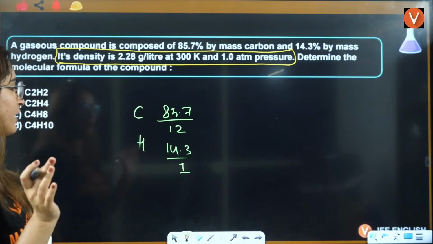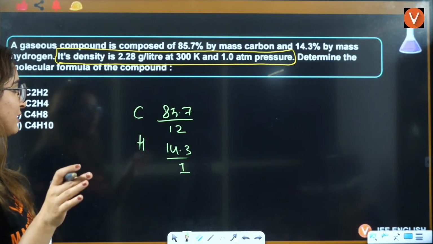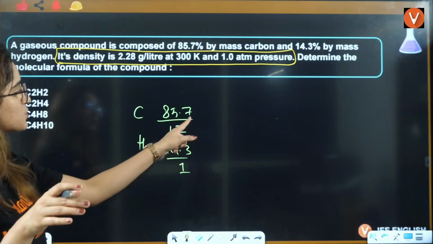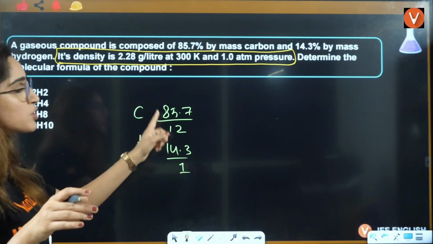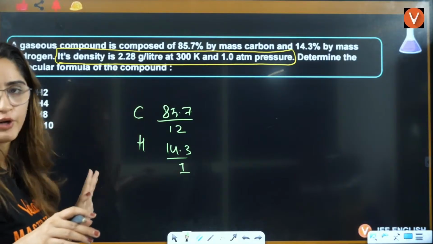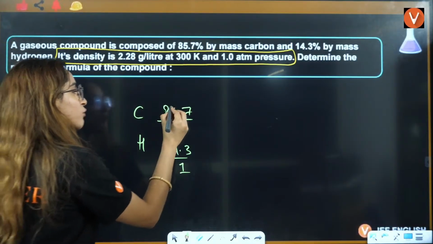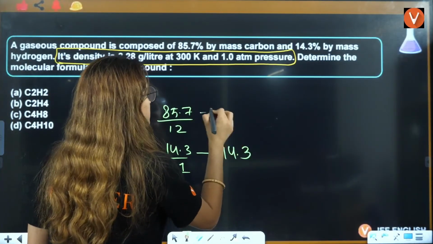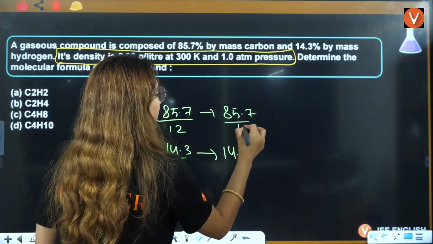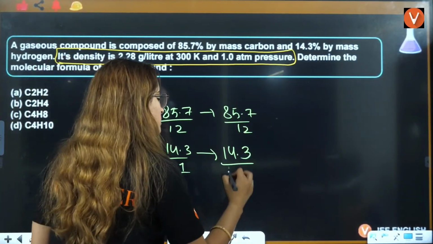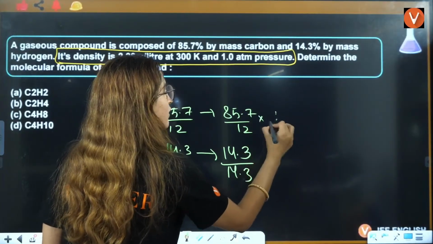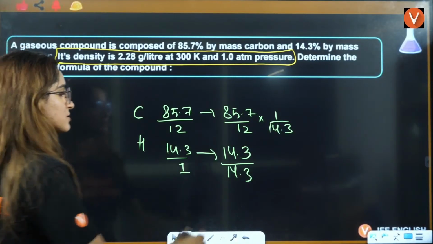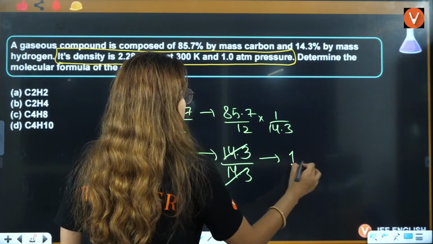This will be 85.7 divided by 12. The simple whole number ratio can be calculated in one way also: you multiply this by 12 and this by 12, but then the calculation will go really higher. Or you can divide this by 14/3 and this also by 14/3.